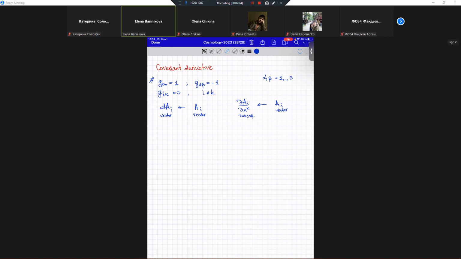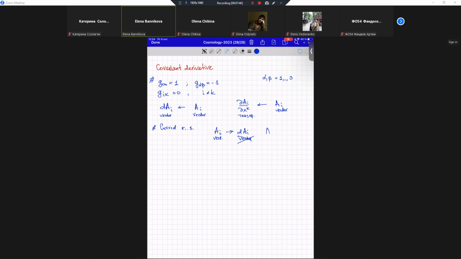When we work with a curved coordinate system, in a general curved reference system, if we have a vector A_i, components of a vector, and we find the differential dA_i, it will not be a vector.